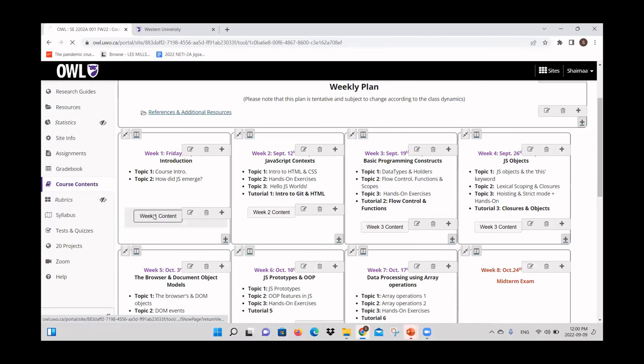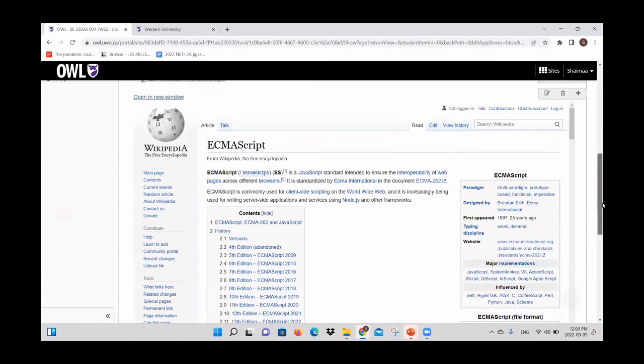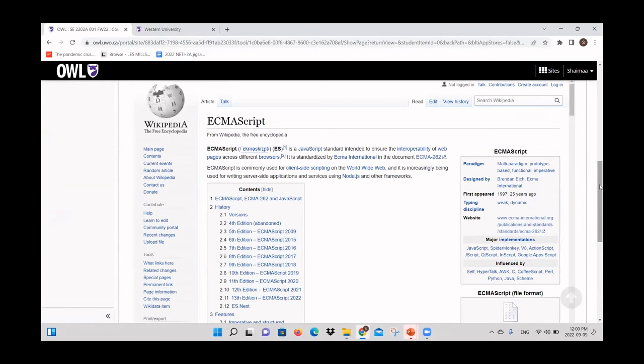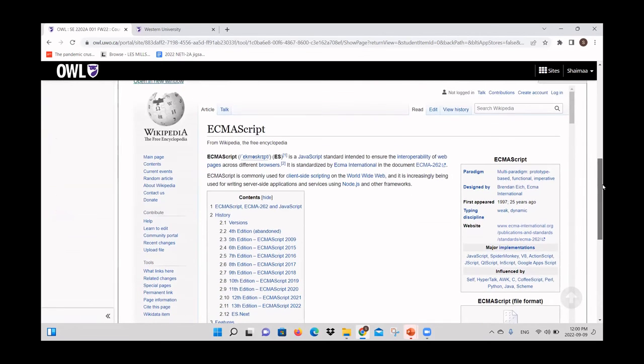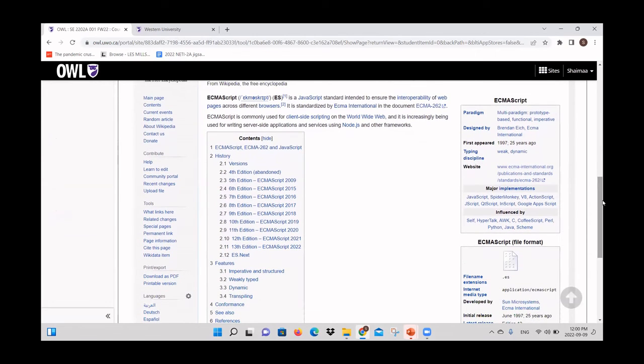Now, if you go to this week's content page, here's the Wikipedia page that mentions the versions of ECMAScript or JavaScript. Okay.